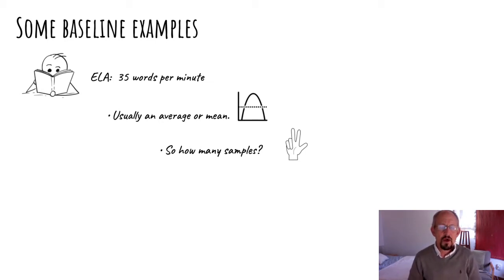Here we're talking about reading, and you might think, if a child has a certain ability to read at a certain speed, there might not be an awful lot that affects that. But whether they're reading in a small group or a larger group, or on their own, or the time of day, these things might have some effect.